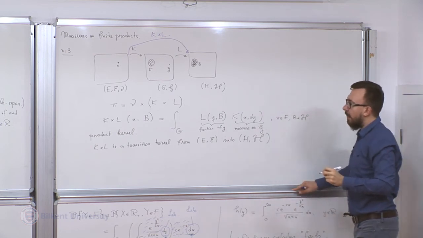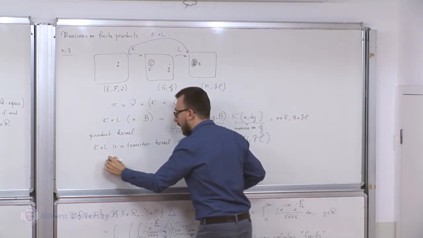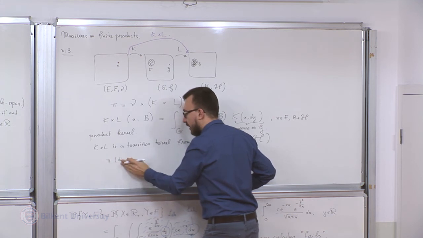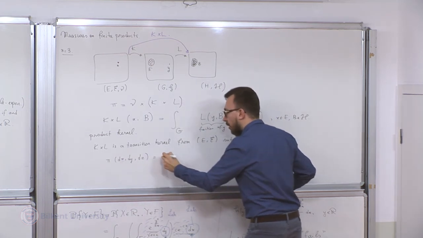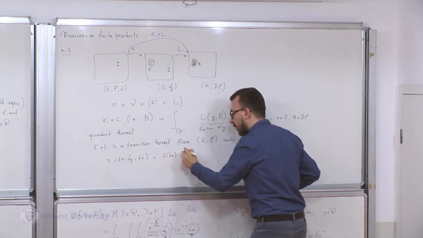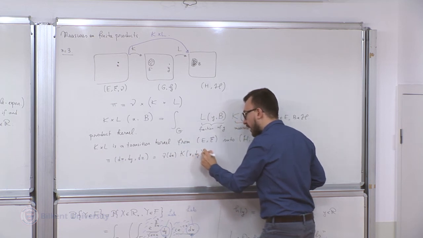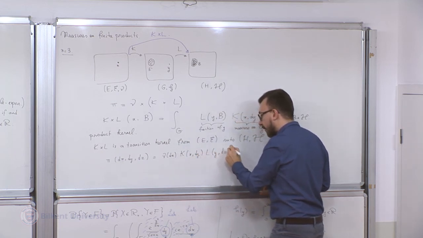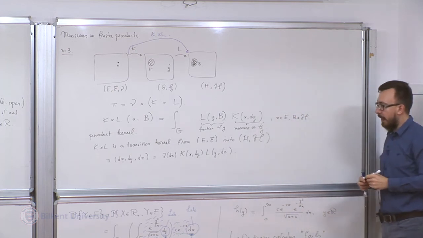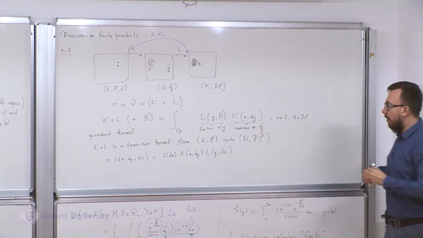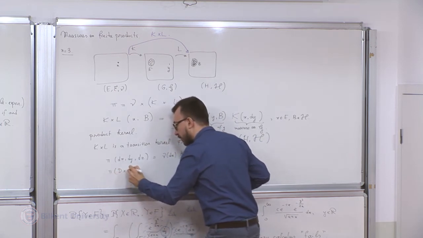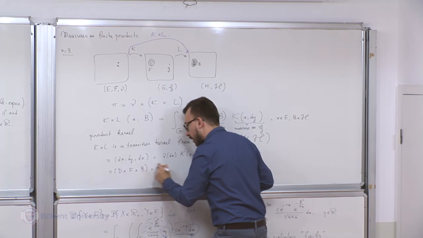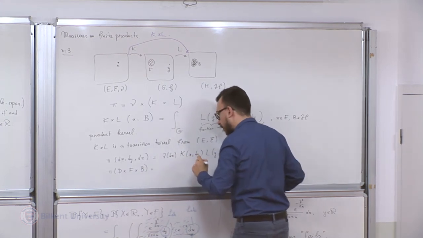And now we can talk about this pi dx, dy, dz, which is given as nu dx K(x, dy) L(y, dz), or over E cross G cross H. Okay.